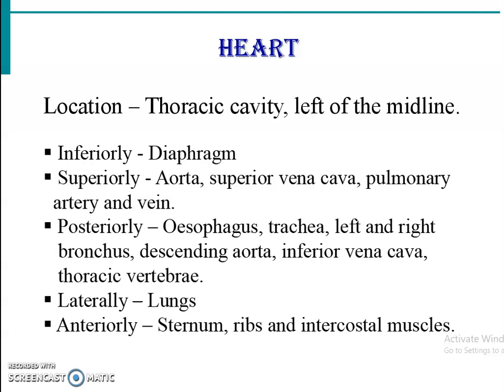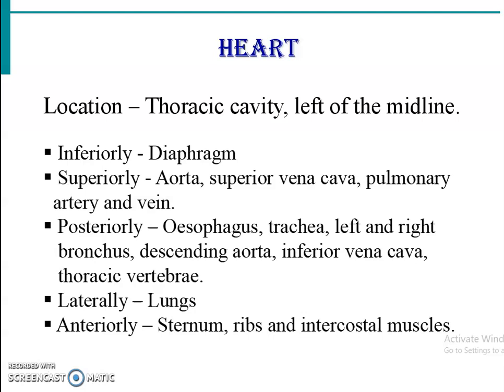Let us see first inferiorly, that is below the heart: the diaphragm is present. And superiorly, the important blood vessels, mainly the aorta, the largest artery, the superior vena cava, the pulmonary artery and the pulmonary vein. These are the blood vessels present just above the heart.